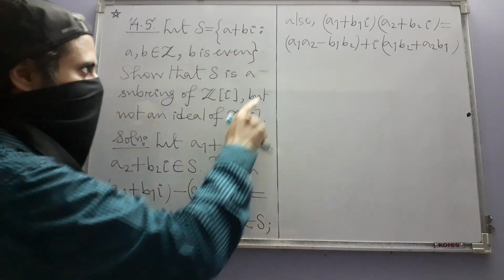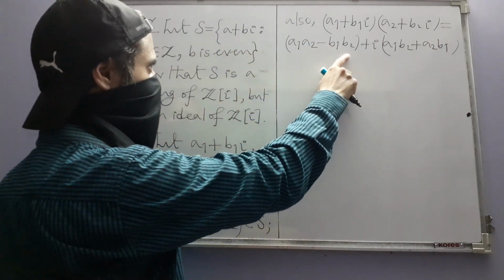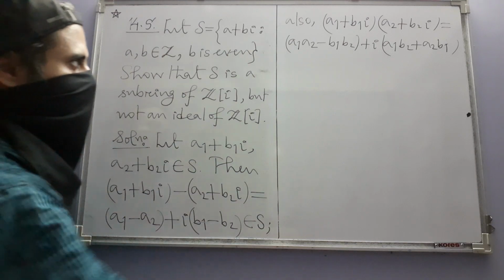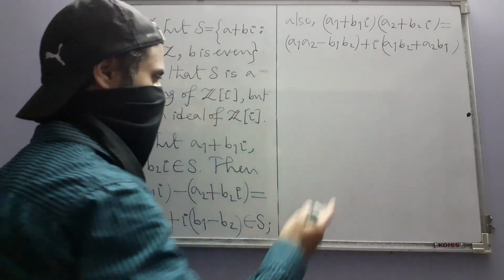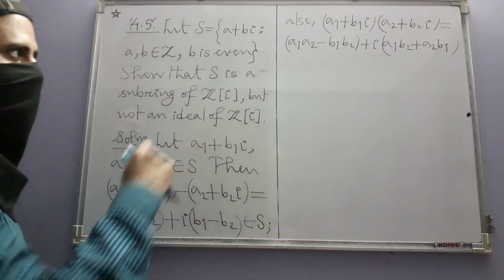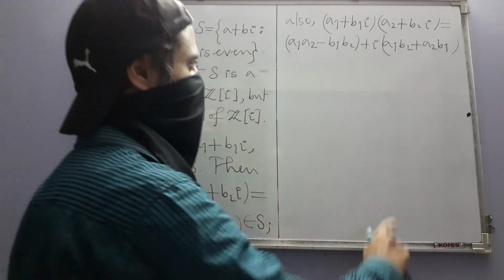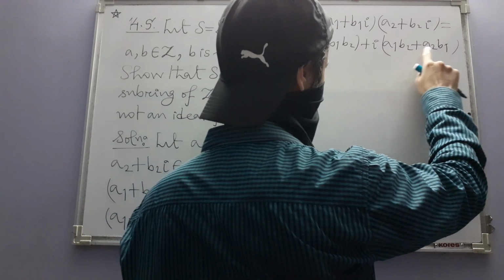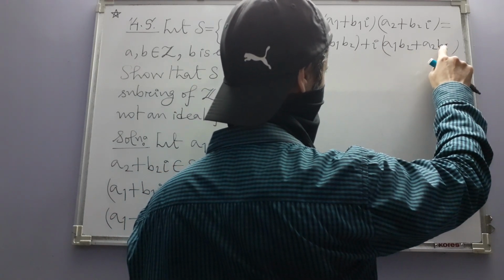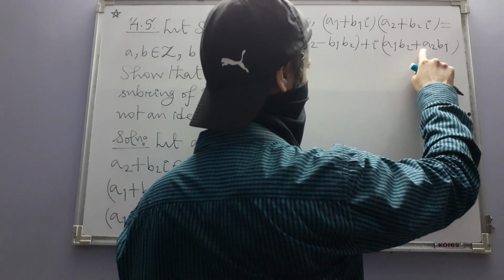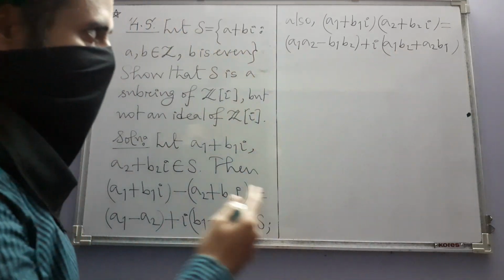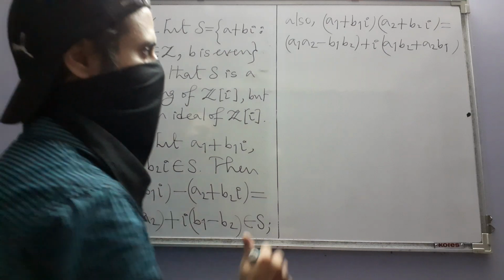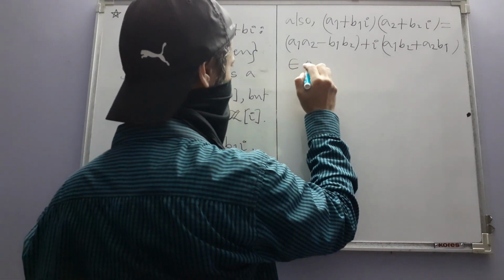Now note that this integer may not be even, because the even parts appear only here, and that does not matter, because it just needs to be an integer, which it is. But here, due to the evenness of both b1 and b2, a2 b1 is even, and so is a1 b2, and that's why their sum is also an even integer. So this product also belongs to S.